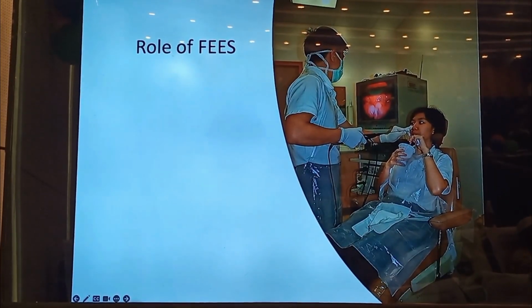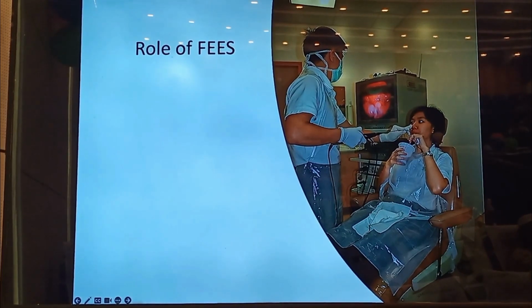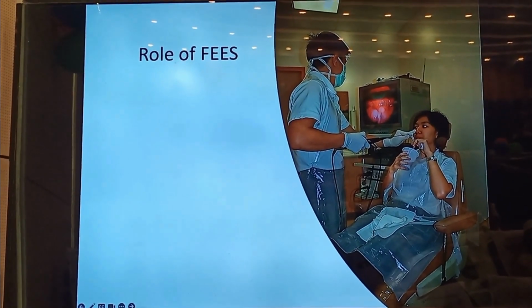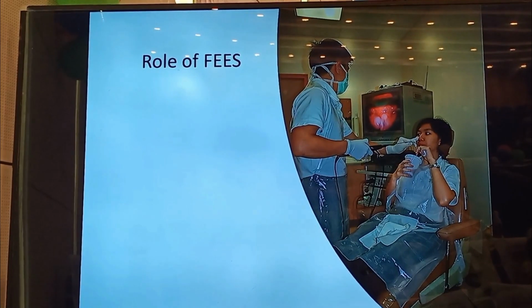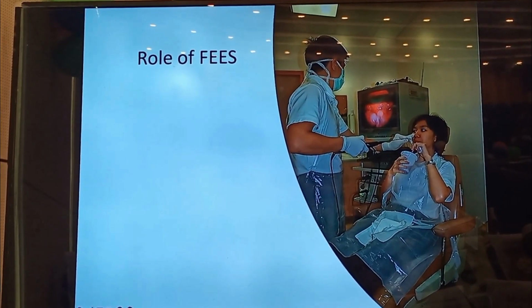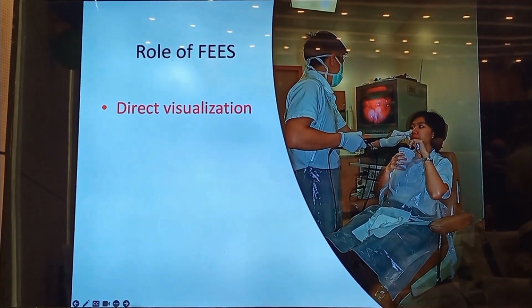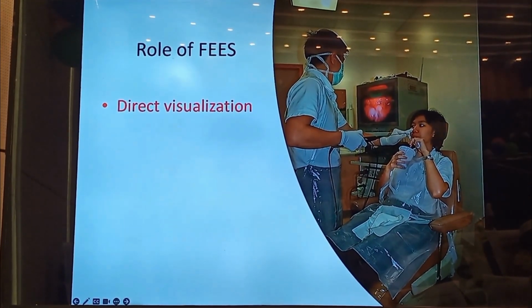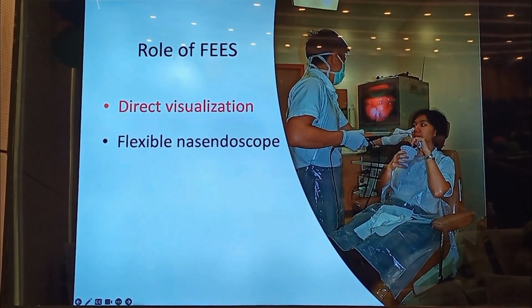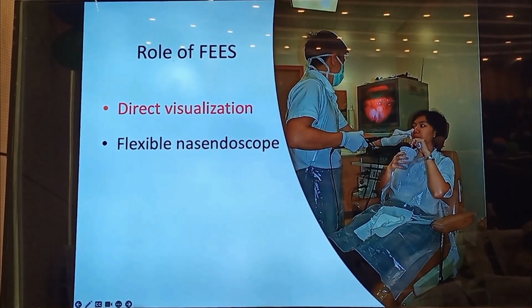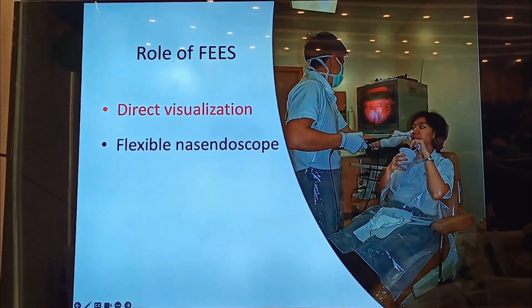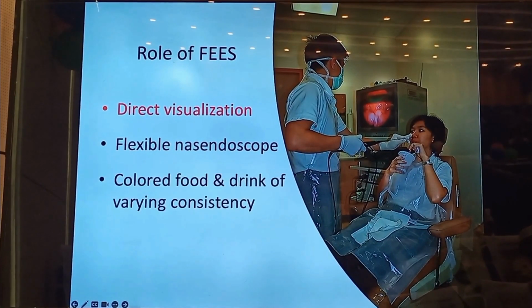And this is because the flexible endoscopic evaluation of swallowing is currently the favored method of evaluating swallowing. It is favored because it gives direct visualization of the swallowing mechanism in the oropharynx. And essentially what we do is we put a flexible nasal endoscope into the oropharynx.